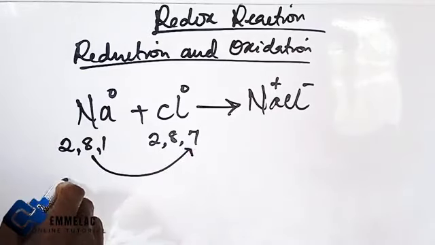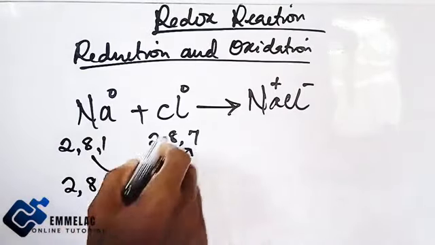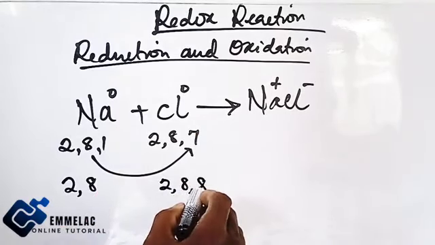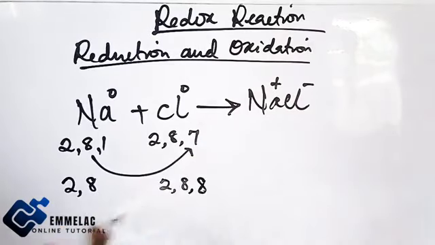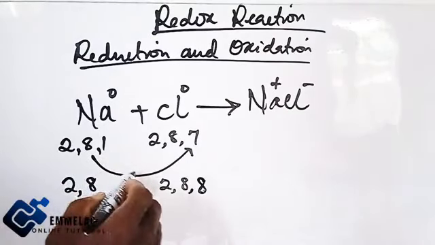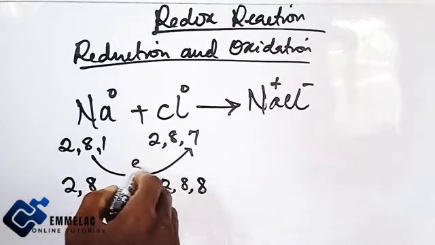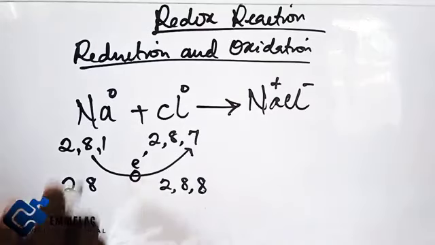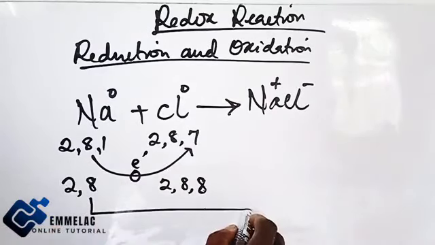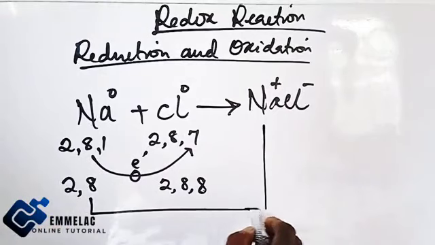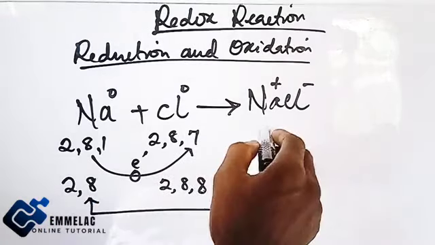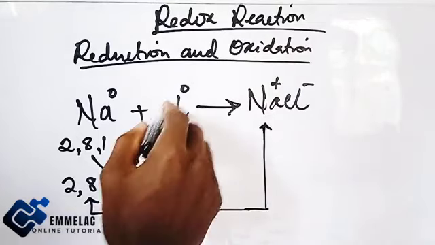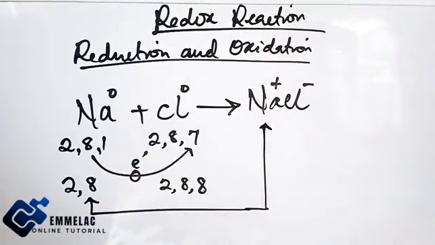Now sodium is having 2,8 and chlorine is having 2,8,8. Let me just give a better diagram here.